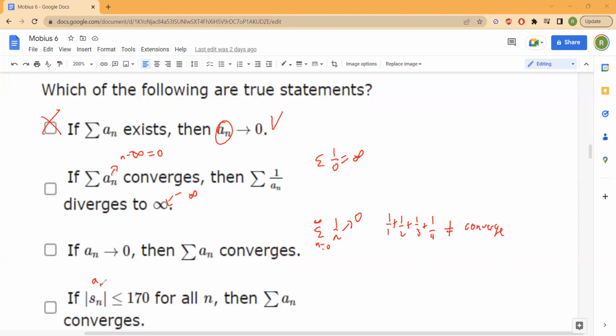It's basically an plus an minus 1 plus an minus 2, and so on. Or a better way to visualize it is a1 plus a2 plus a3 plus a4, so on till an. And you can think that, since the absolute value of this is always going to be smaller than 170 for all n, then an converges.